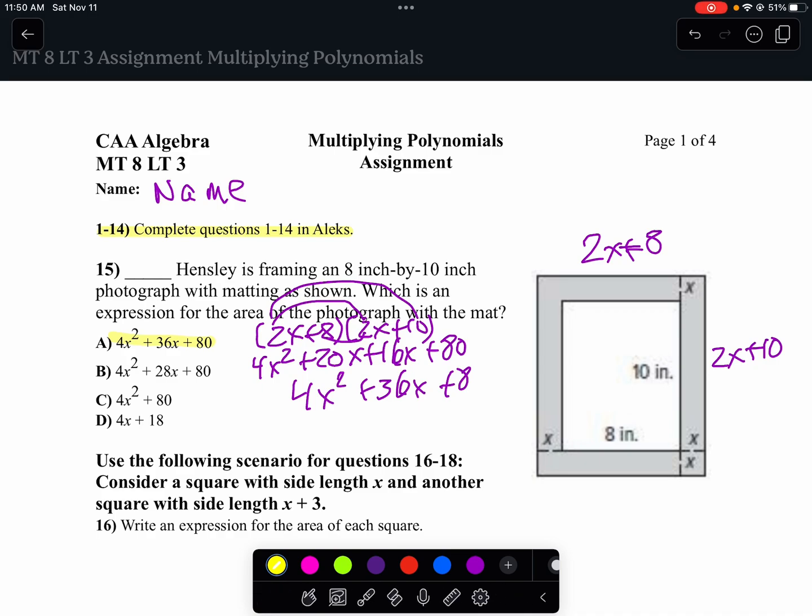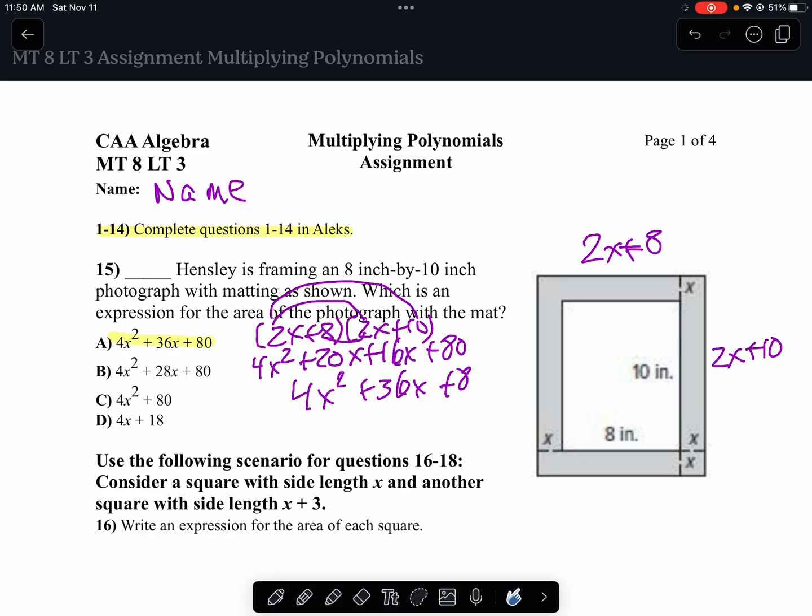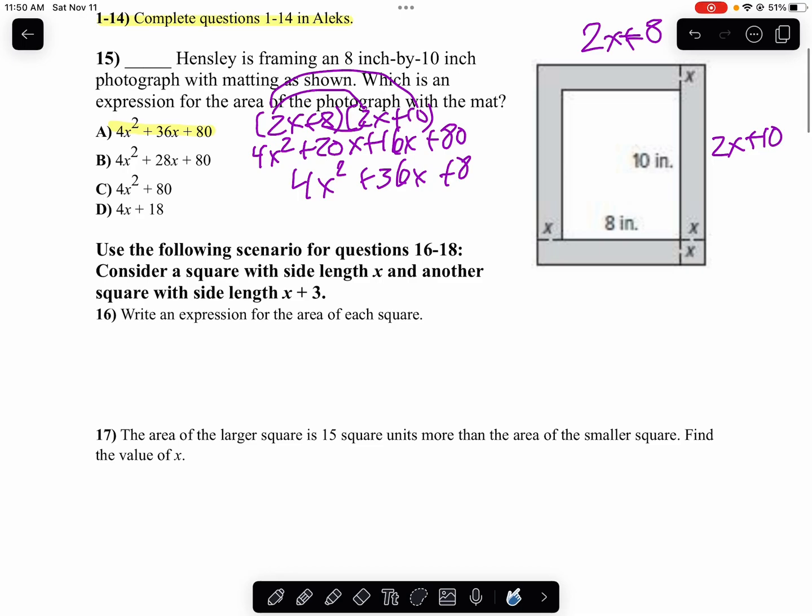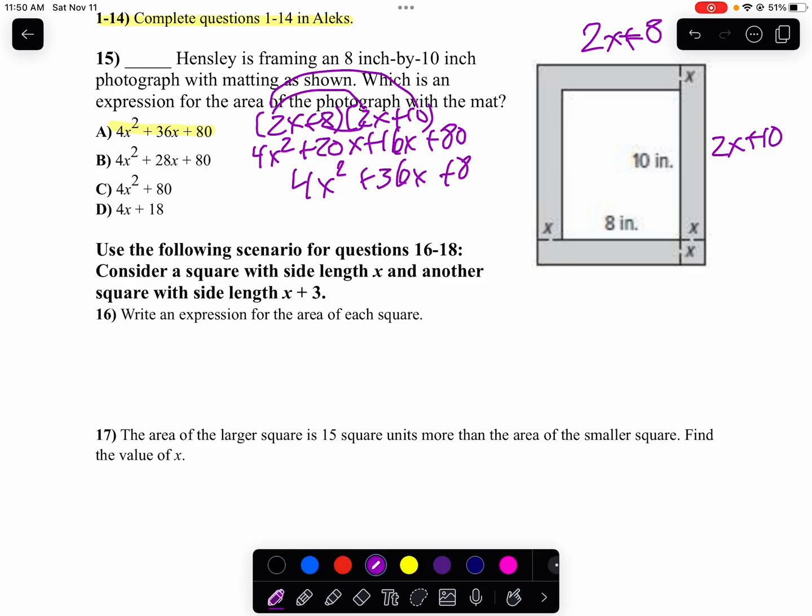Let's take a look at our second problem here. Now what happens is I got this square that has side lengths of x and another square with a side length of x plus 3. So I've got x and x plus 3. And I draw the second one very big, much bigger, but it should be bigger. So I want to find the area. Well, the first one, x times x, that's x squared.